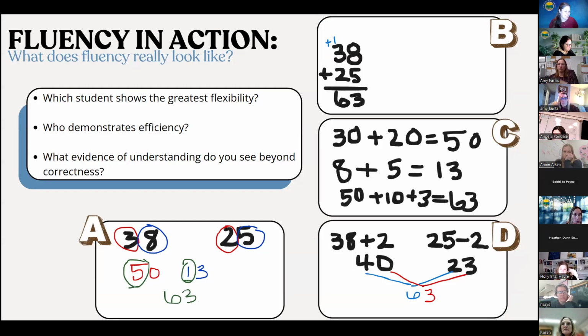I'm seeing C's and D's. Does anyone want to tell me why, either off mute or in the chat, why C or D? Why'd you answer those ones?